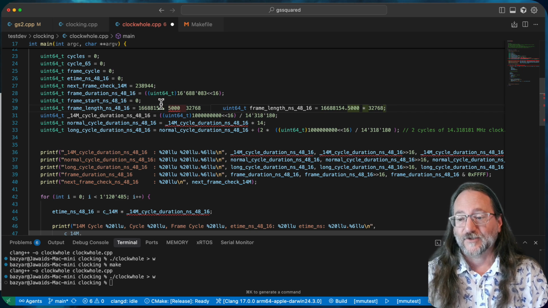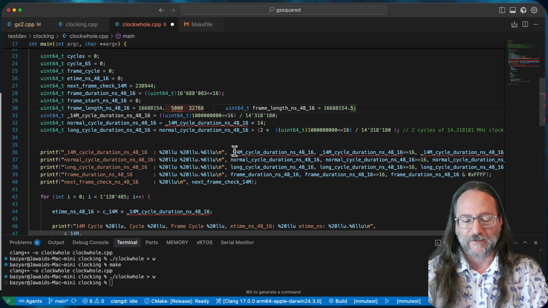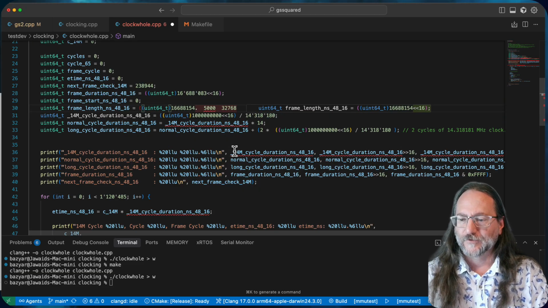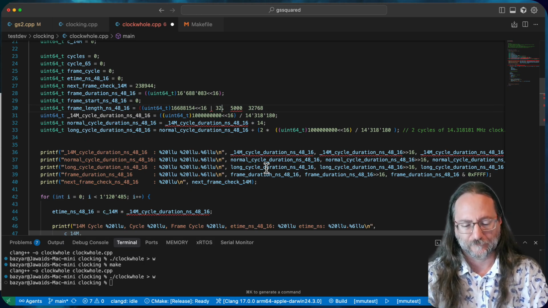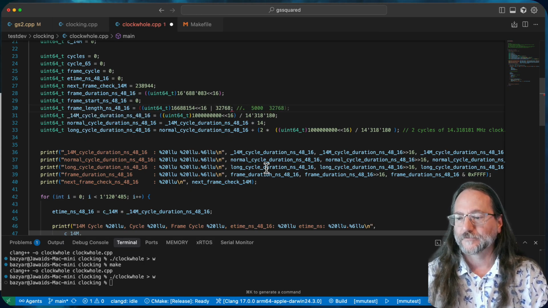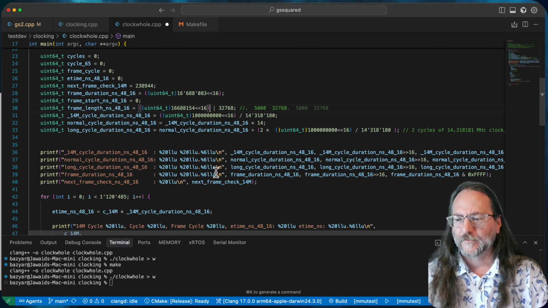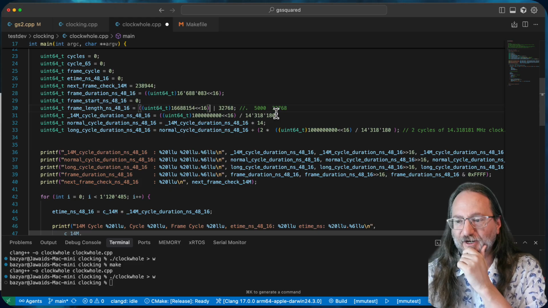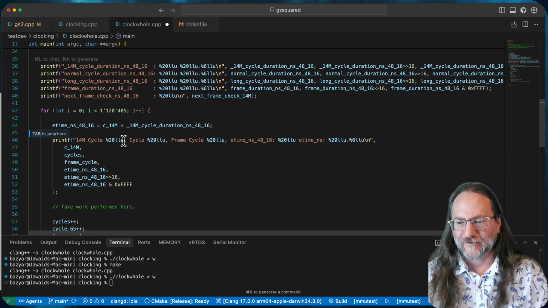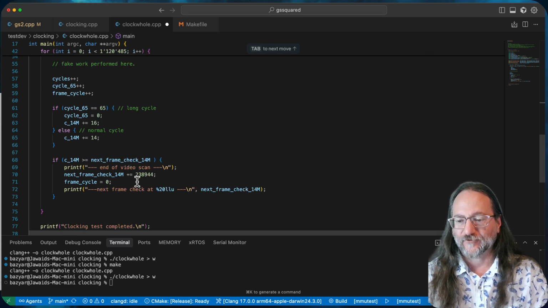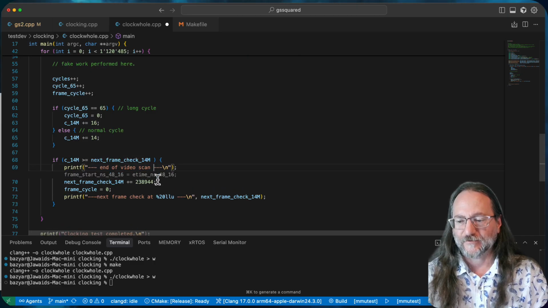So I can OR that in. All right. Talking about hackery. Frame start. Okay, so I'm going to say into video frame, next frame, into a video scan, next.